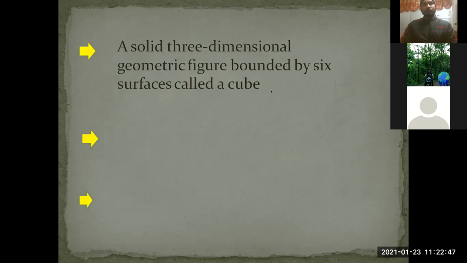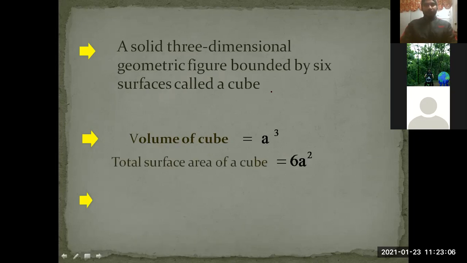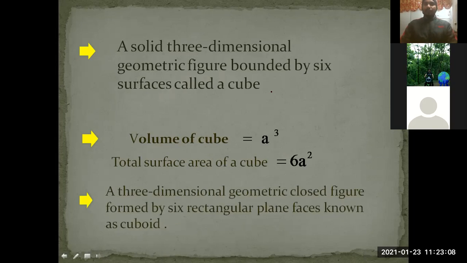The volume of a cube is a cube, and if we take the side as a, the total surface area is 6a square. A three-dimensional geometric closed figure formed by 6 rectangular plane faces is known as a cuboid. Are we clear?